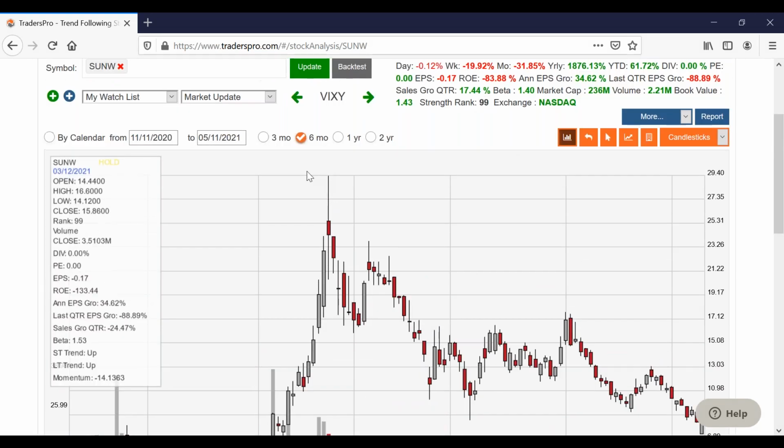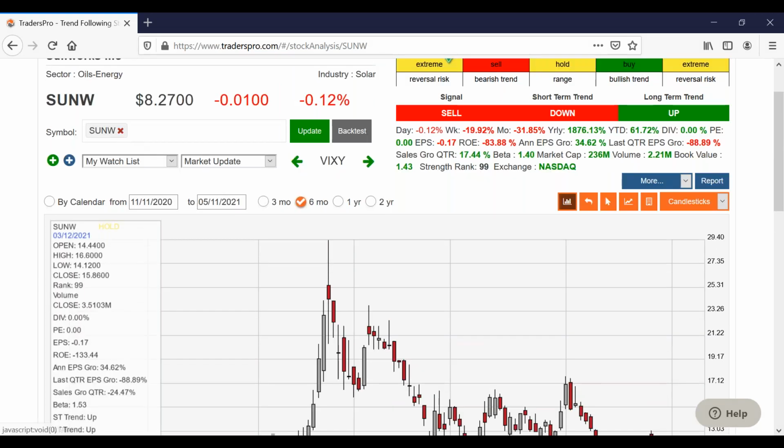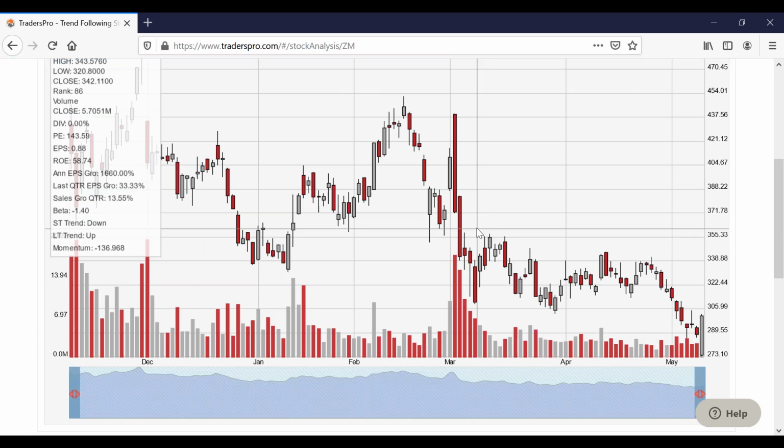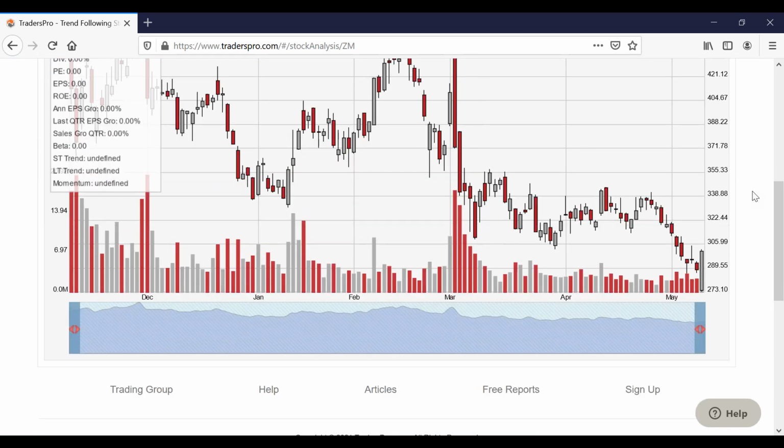Let's show a couple more bullish ones. Let's look at Zoom video. Have the same problem here with, we'll see if we can see the volume limit, but you can see the drop.